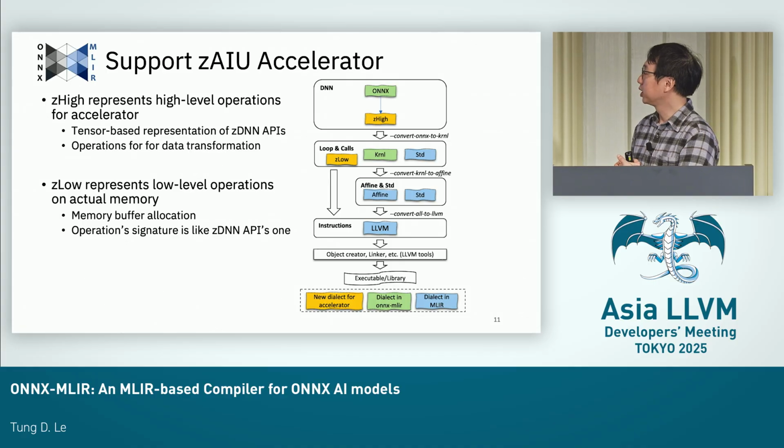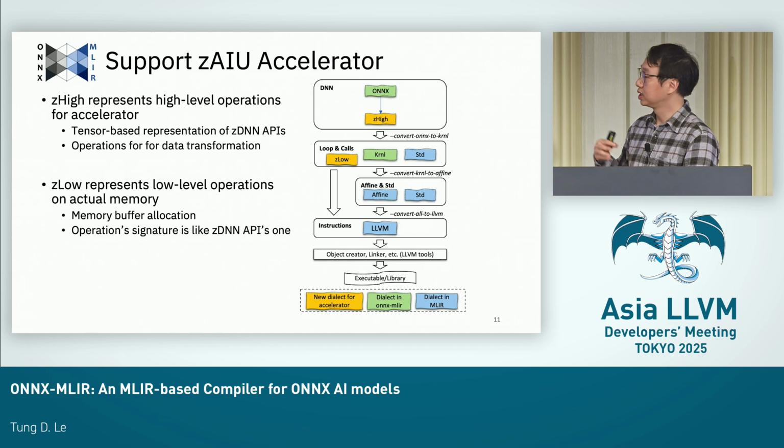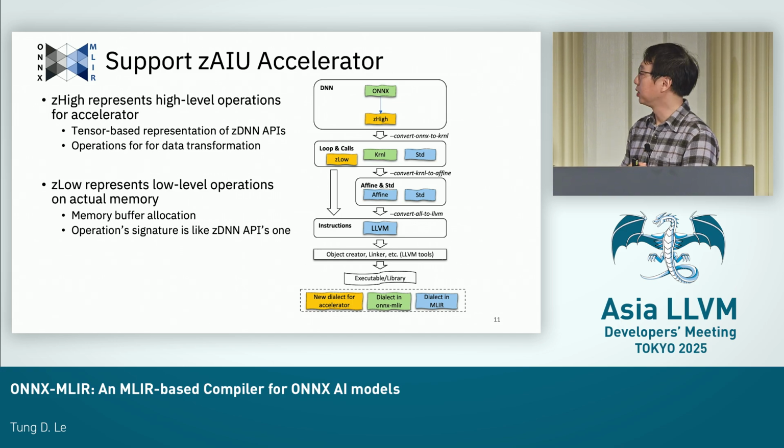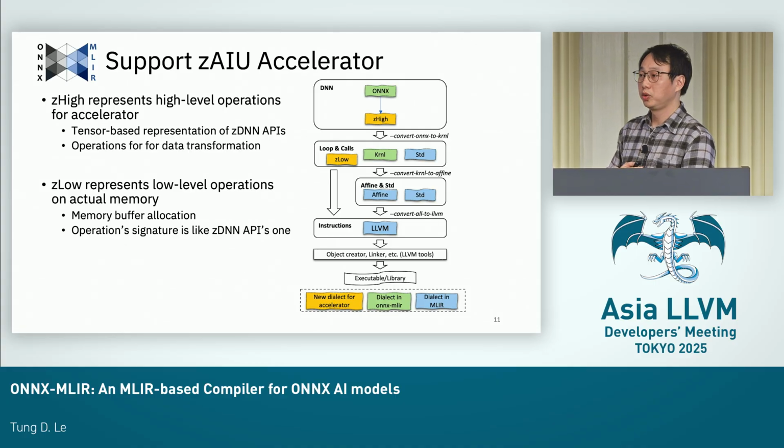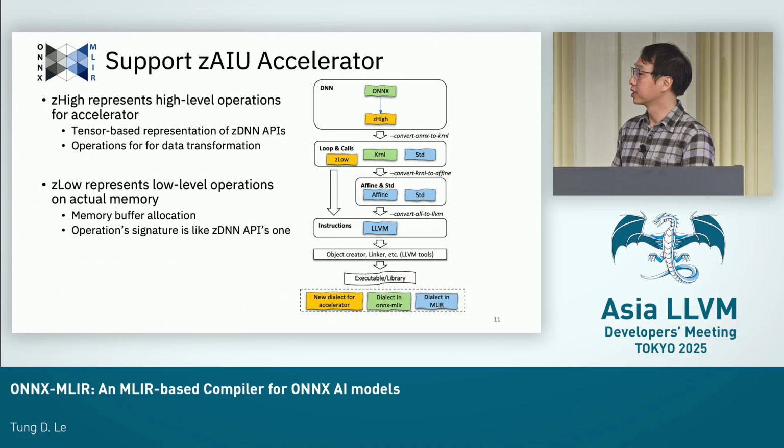For zlow, we can do memory allocation and optimize the buffer allocation. The zlow signatures are similar to the zDNN API, and zlow will be lowered to LLVM, which will call the external function in the zDNN library.